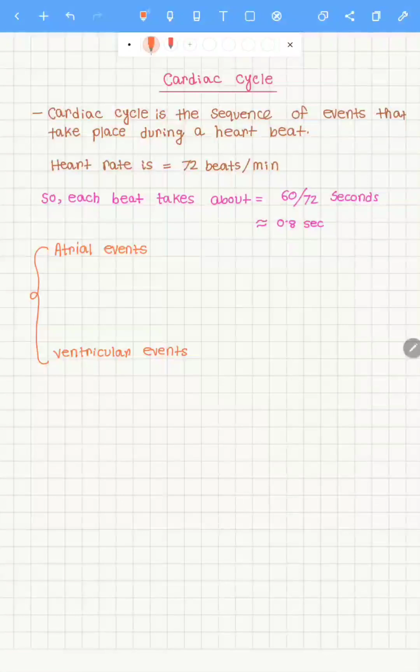Each event has further been divided into two kinds of phases. Atrial events have been divided into atrial systole and atrial diastole. As you all know, systole means contraction and diastole means relaxation. And ventricular events have been divided into ventricular systole and ventricular diastole.